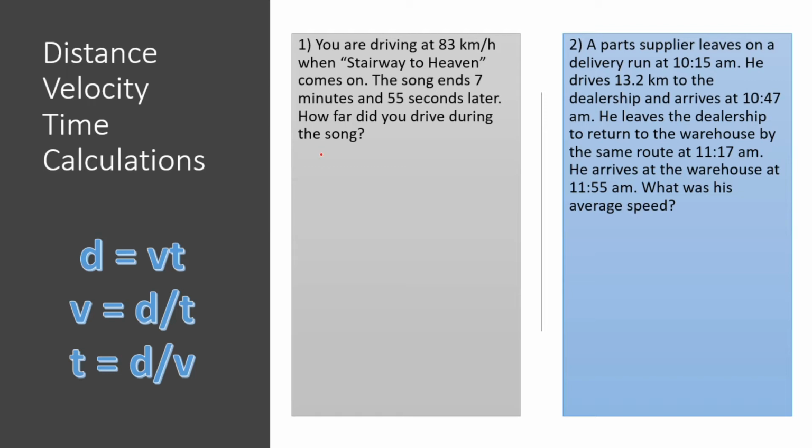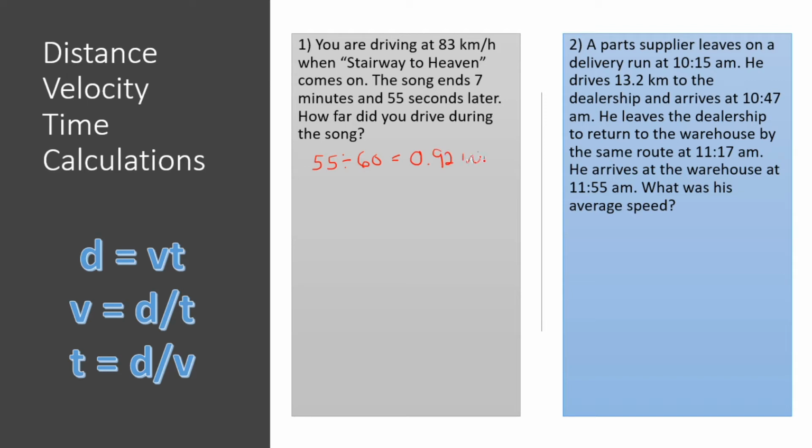So let's look at our units, 83 kilometers an hour. I want to take that time, that 7 minutes and 55 seconds, and make sure that I am changing it into hours. So we start by taking the seconds, and we're going to change them into minutes with this math. 55 divided by 60 should give you 0.92 minutes.